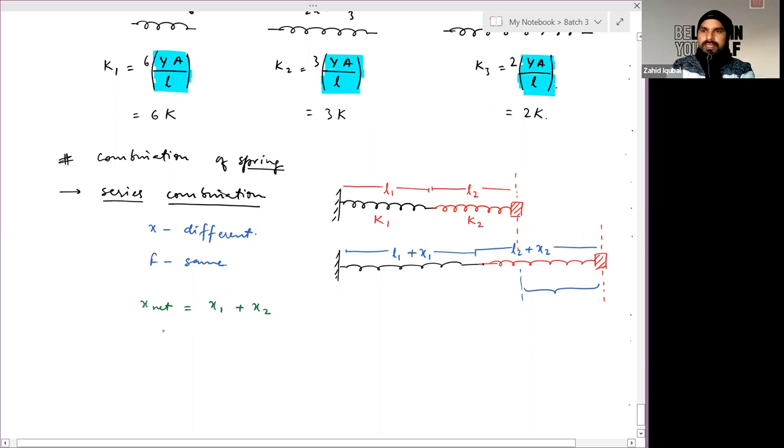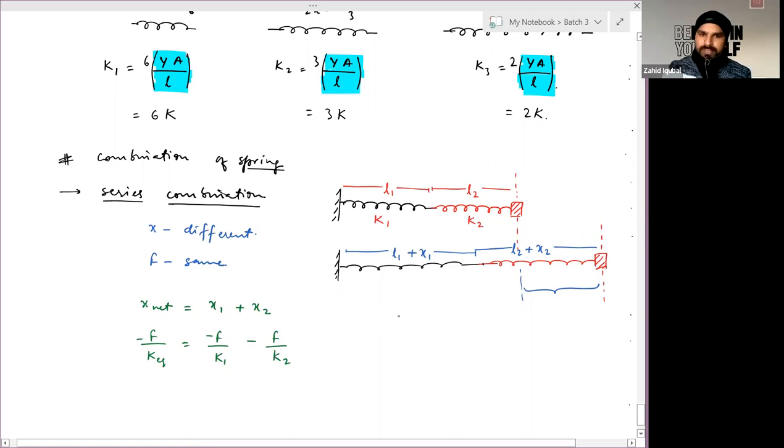Now, according to the formula, F equals K times X, so X equals F by K. So for the equivalent part, it will be this. For X1, it will be F by K1, and for X2, it will be F by K2.